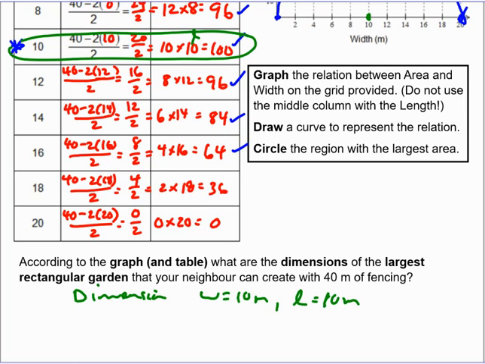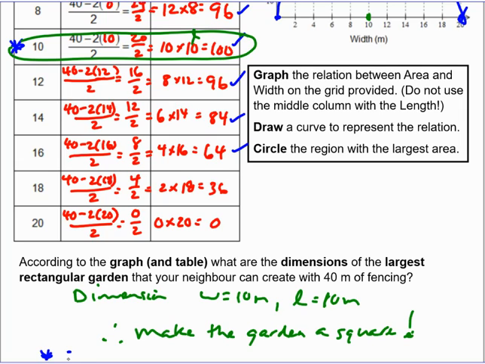So guess what? If you make the garden a square, I want you to remember that.